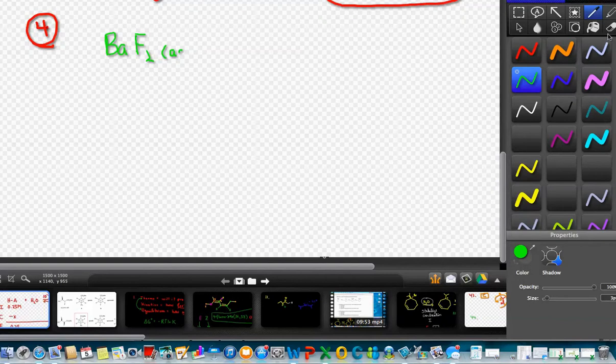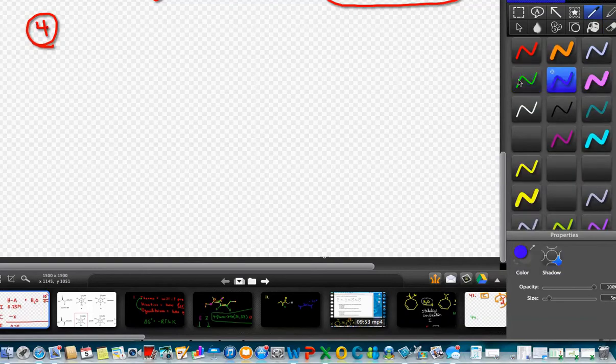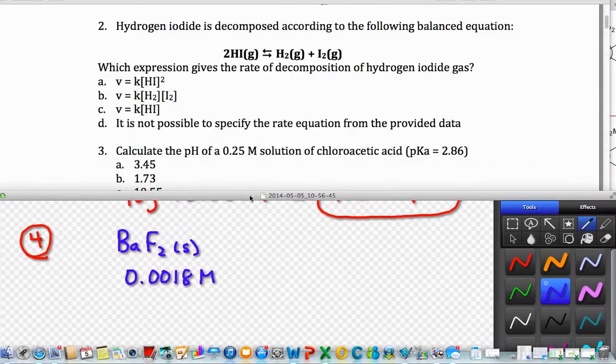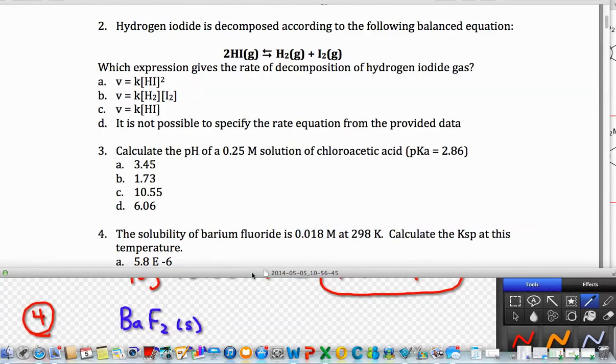And of course, this is not aqueous, this is a solid. So we've got barium fluoride that is solid, and its molar solubility is 0.018 molar, excuse me.